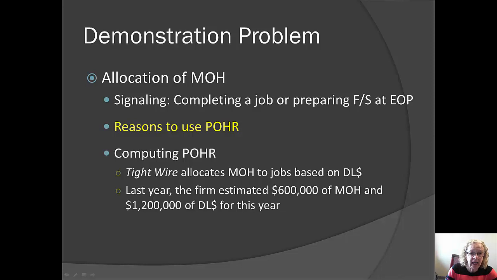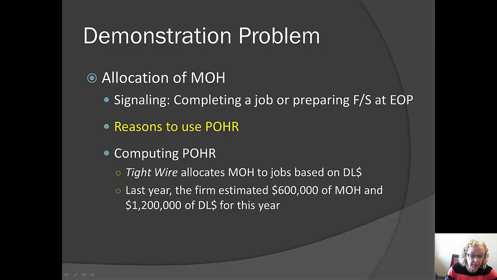One reason is that we need to know the cost of a job right away, as soon as the job is finished, but we may not know all of our overhead costs or how many jobs we're going to do until the end of the period. But there's another reason to use a predetermined overhead rate. It's fairer to the jobs that we do.